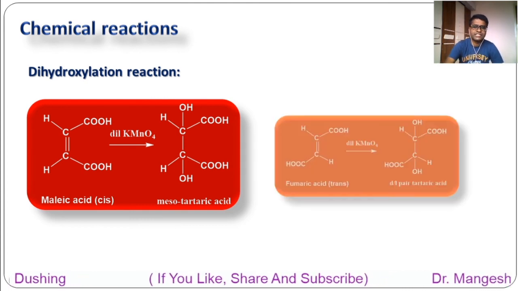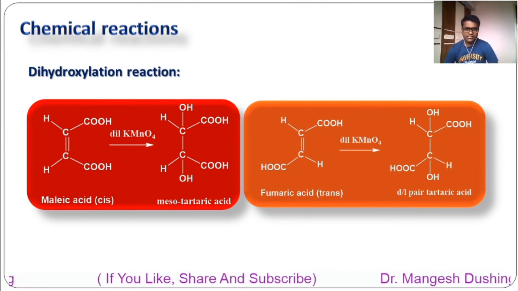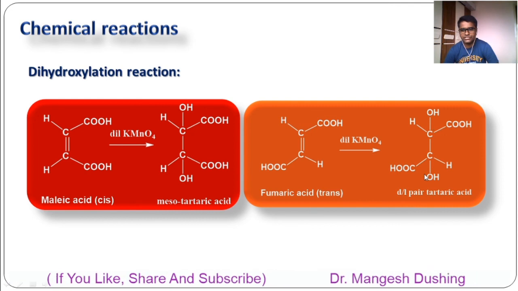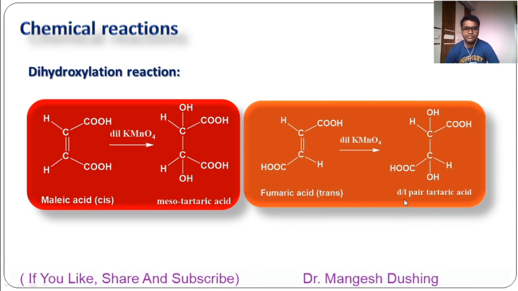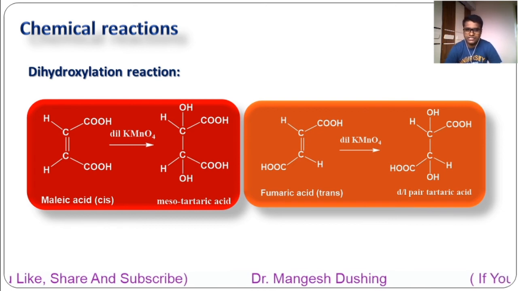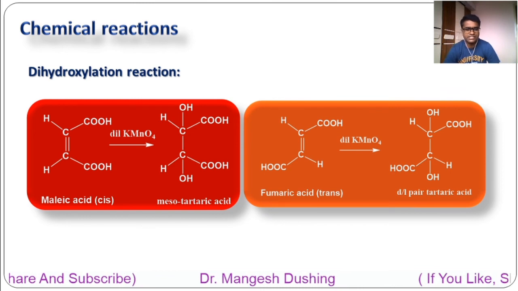But if you do the same reaction with fumaric acid, again syn addition of the hydroxy groups, you will end up with the DL pair of tartaric acid. Two products, two enantiomers in equimolar form, called the DL pair of tartaric acid.